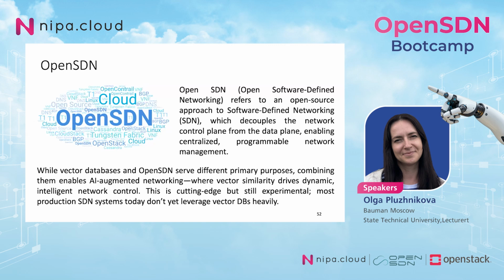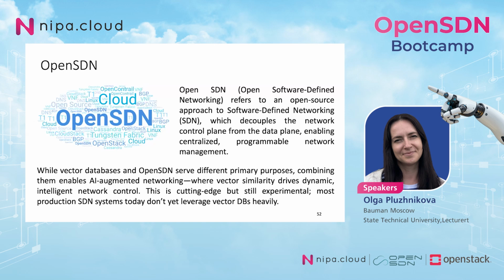And when we talk about clouds, we have to keep in mind SDN. OpenSDN, software-defined networking, refers to an open source approach to software-defined networking, which decouples the network control plane from the data plane, enabling centralized programmable network management.